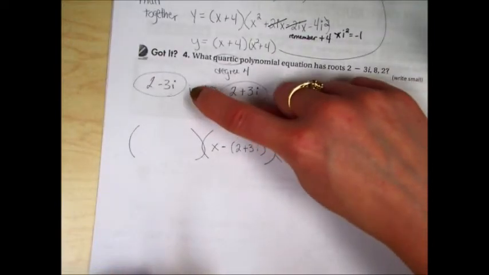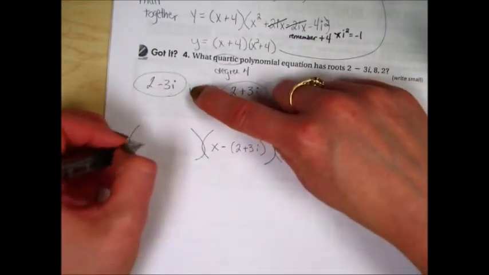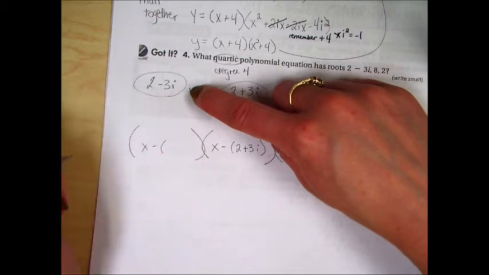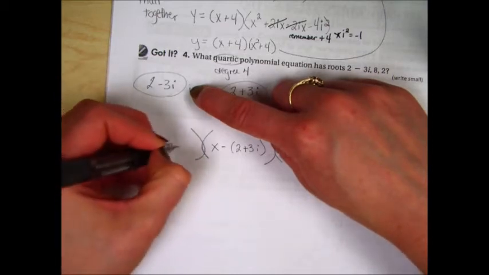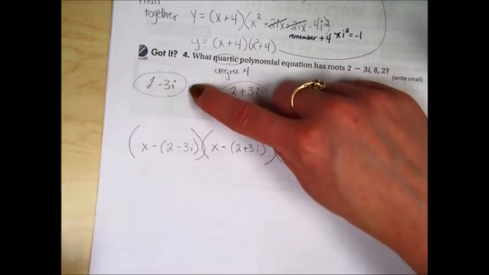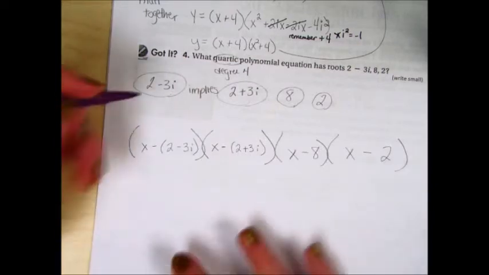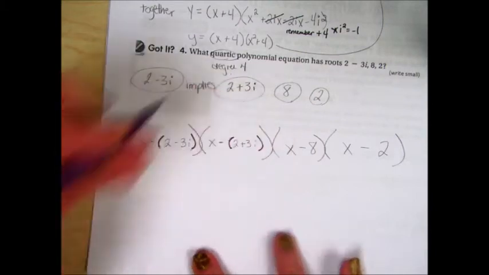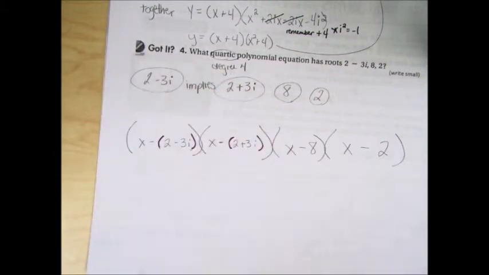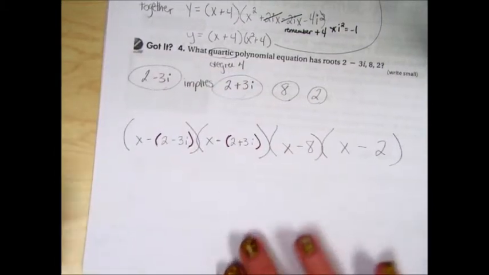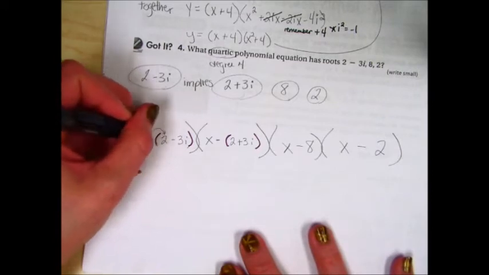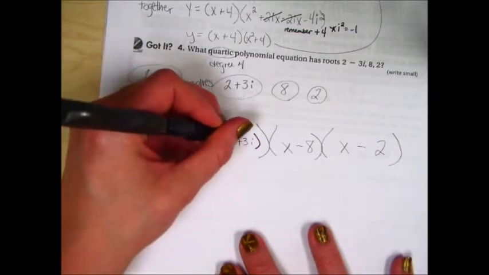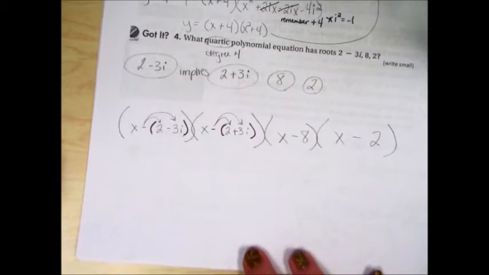And if 2 minus 3i is an answer, that implies that x minus the quantity of 2 minus 3i was a factor. So the idea here is if you have a binomial, you have to remember to subtract that binomial using parentheses. Now why would that be so important?